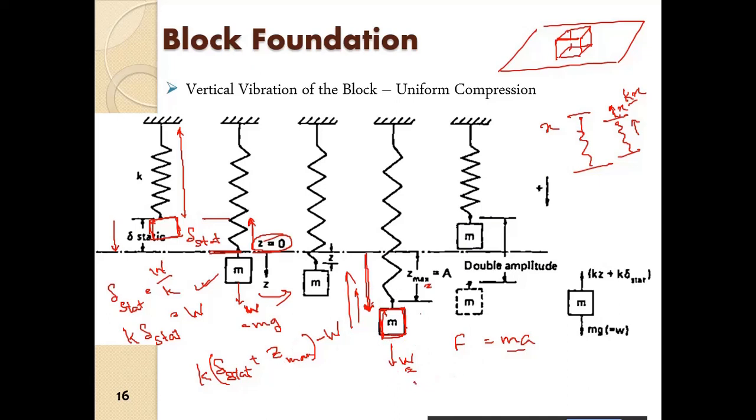So we have K delta static plus K Z max, minus W is equal to M into A. Now K delta static and W cancel out because they are equal.